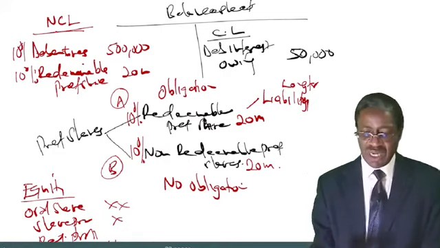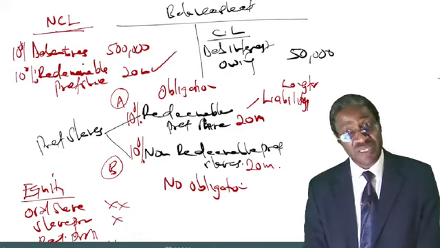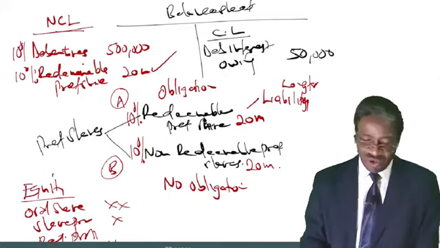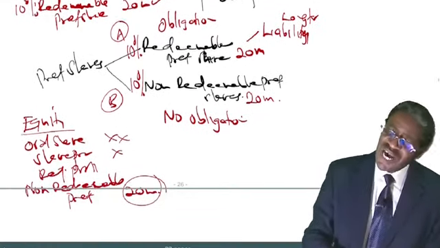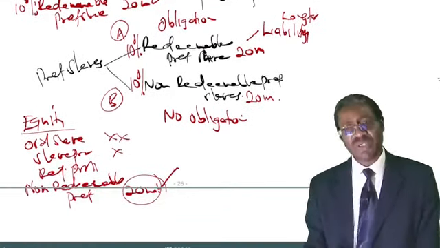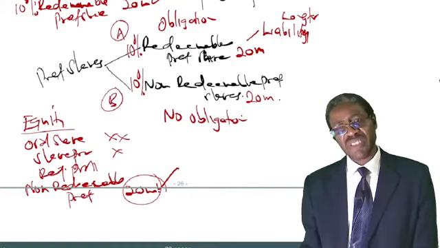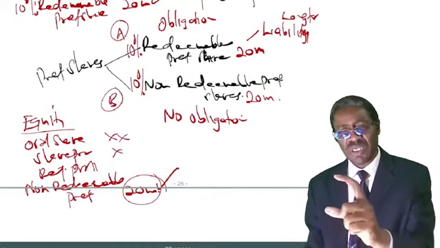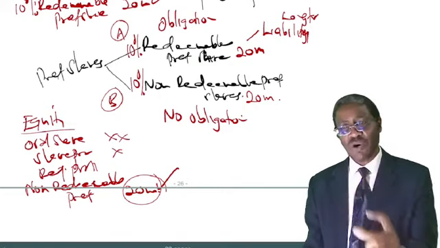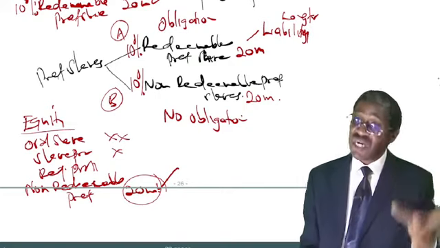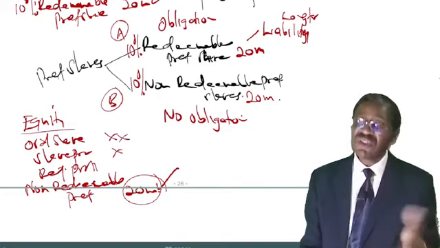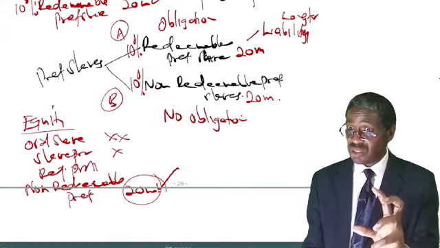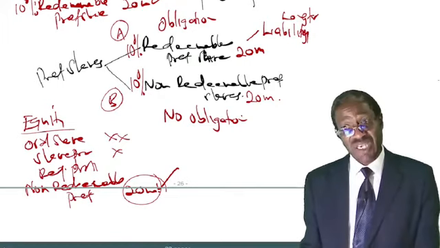Take it as a long-term liability. Are you there? Good. If your company has a non-redeemable preference share, take it to the balance sheet as a component of equity among the share capital, share premium, general reserves, and so on. Good.